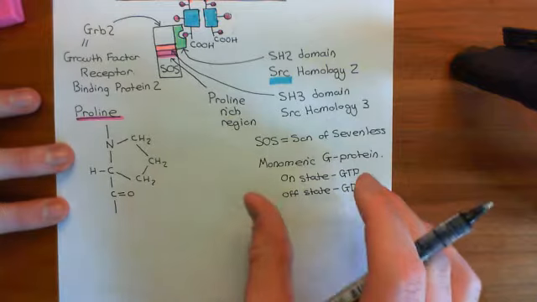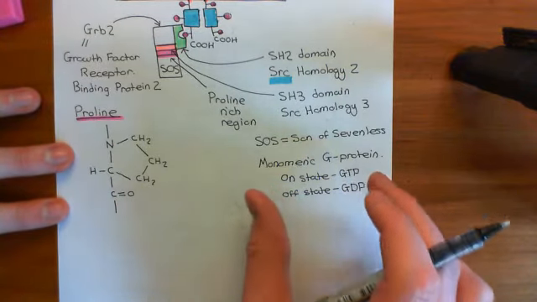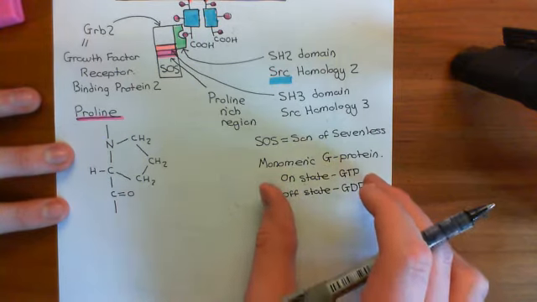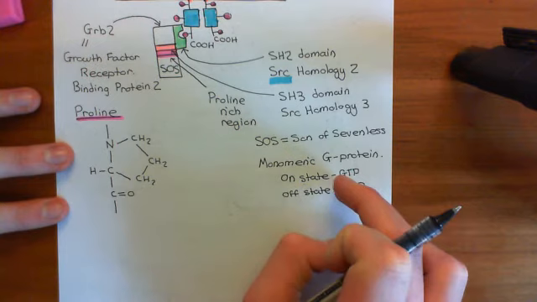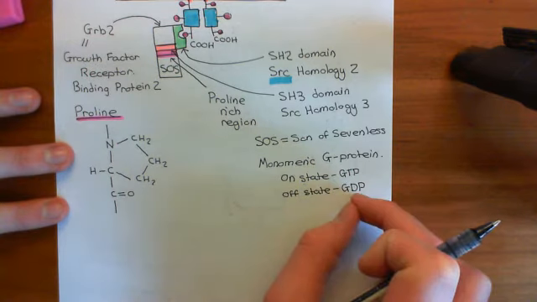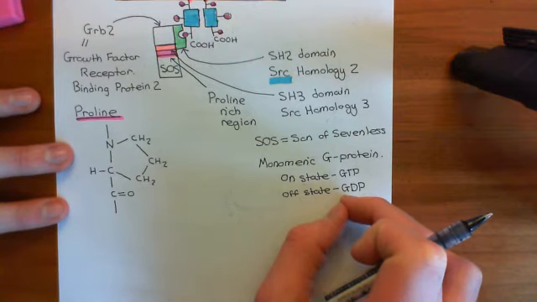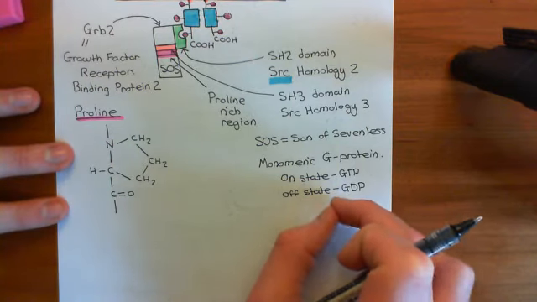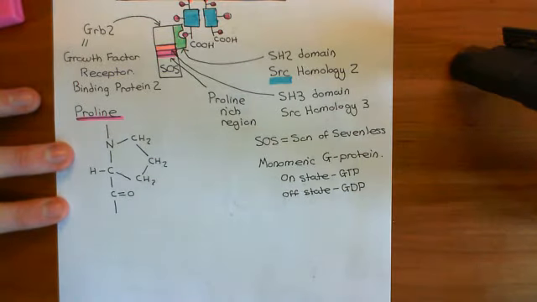They are similar to the alpha subunit of heterotrimeric G proteins. In heterotrimeric G proteins, the alpha subunit can either have guanosine triphosphate bound to it, in which case it's in the on state, or it can have guanosine diphosphate bound to it, in which case it's in the off state. In the off state, where it has guanosine diphosphate bound to it, it then also associates with two other different subunits known as the beta and the gamma subunits, which makes it a heterotrimeric G protein.